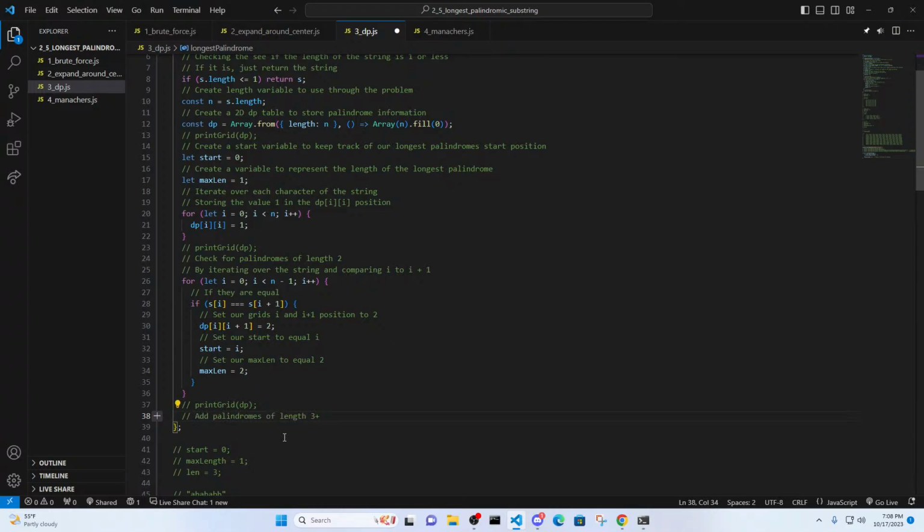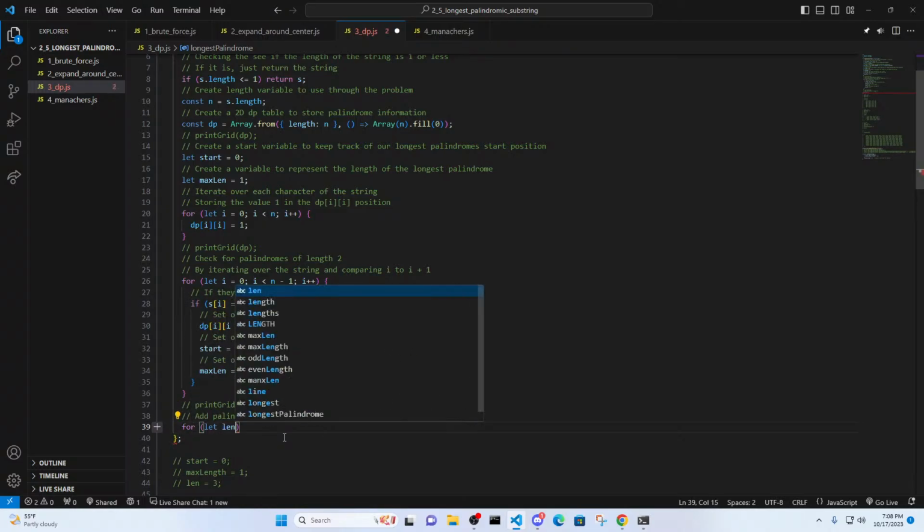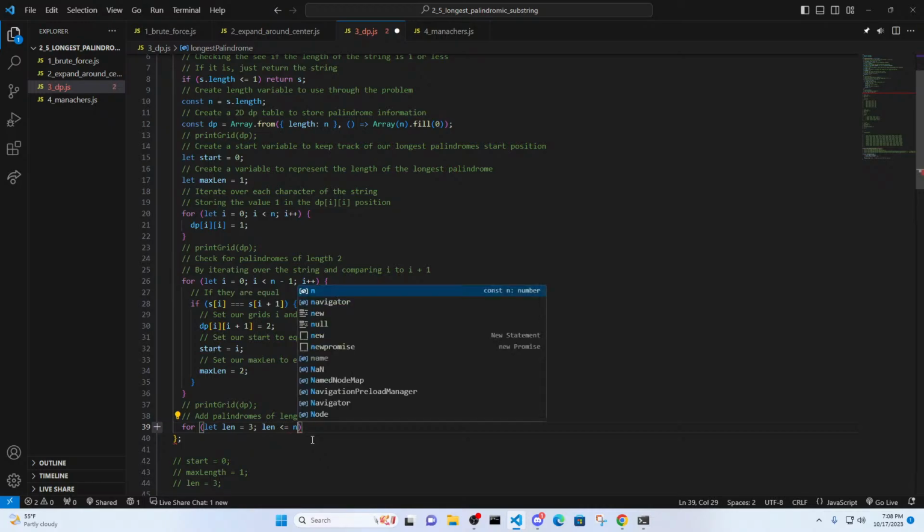So now with this loop, we're going to cover all other lengths, basically. So we're going to go from 3 to n. So we're going to do let length equals 3, because inside here is going to be all palindromes of length 3, while length is less than or equal to n, and then length plus plus.